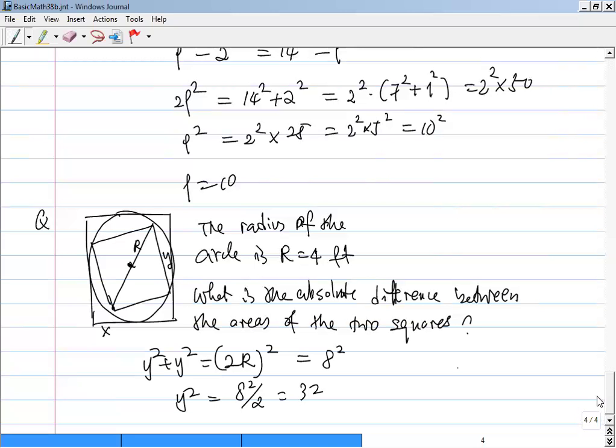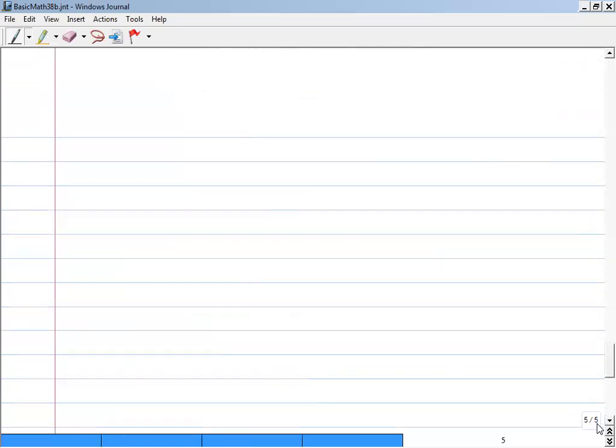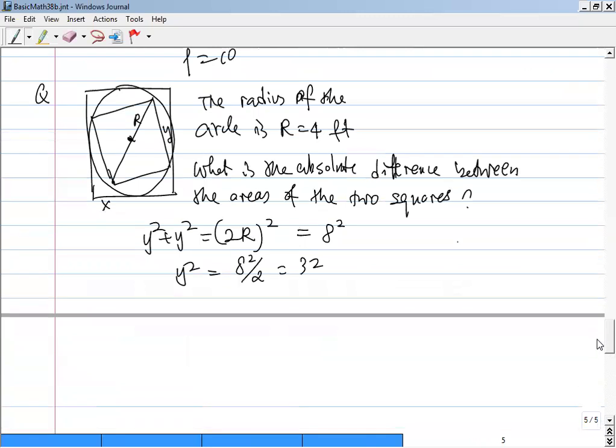Now you have to find x, and clearly x is twice the radius, which is 8.